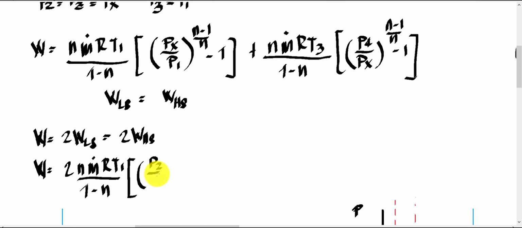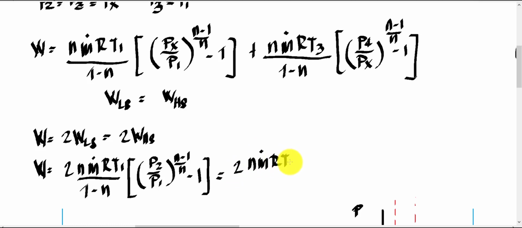So we can use P sub 2, P sub 1, we have your N minus 1 over N, we have 1. Okay, then it's also equal to your 2 times your N mass flow rate. Then we have your R times your T3 divided by 1 minus your N. Okay, so then gonna multiply that one to P4, the ratio from low to high.